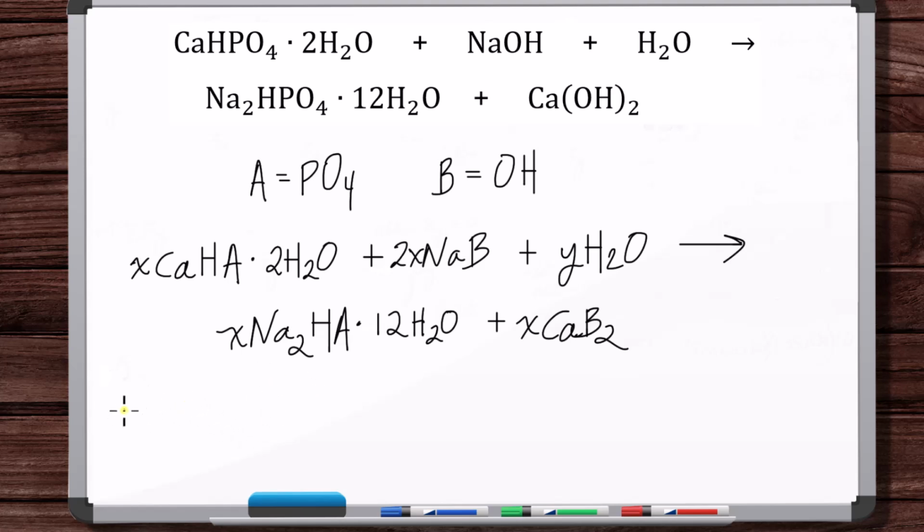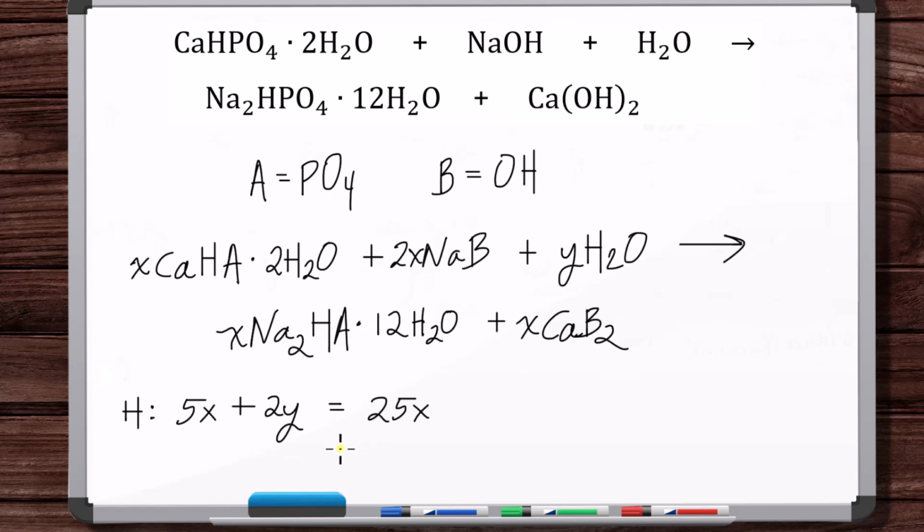So let's just do the hydrogens. It doesn't matter. So, all right. 4, 5, that's 5x. Is that right? 4, 5, yeah. 5x plus 2y is equal to, let's see, 25x. And yeah, that's it.